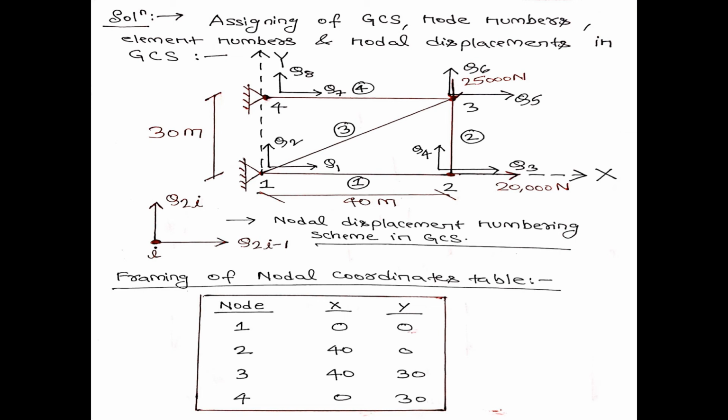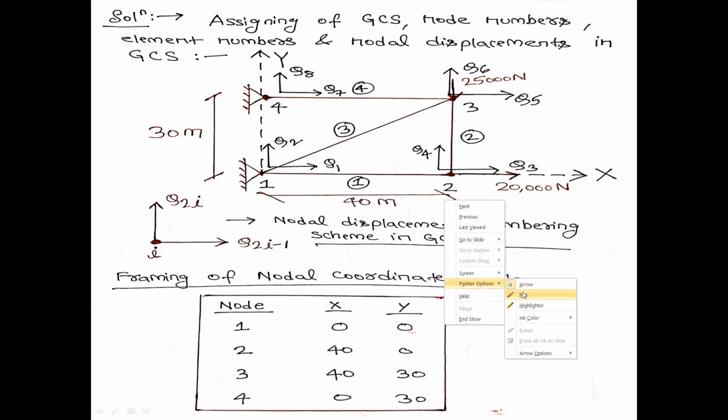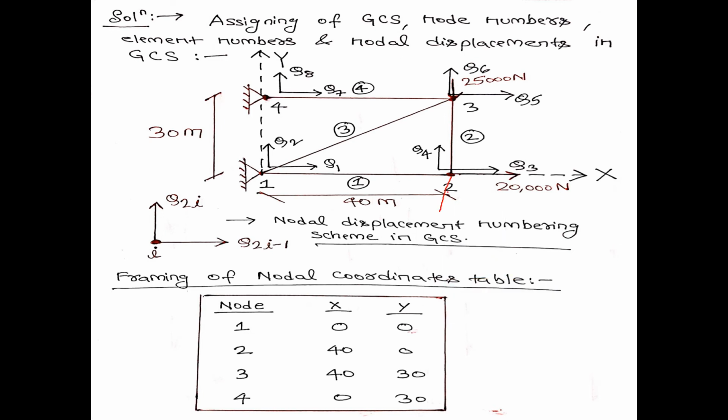And if you see node number 2, it is also fixed. In the problem, it is like this. I have not shown it over here, but you can correct it. If you see node number 2 carefully, one force is acting at node number 2 along the positive global x-axis.